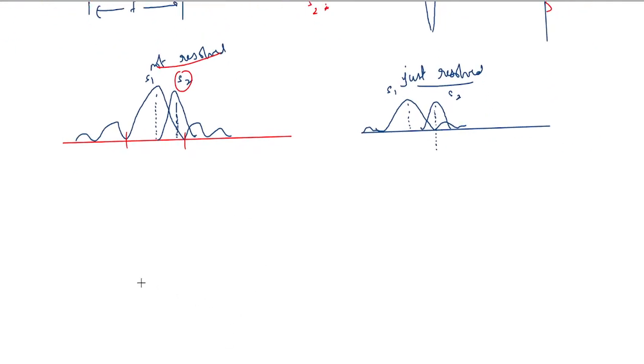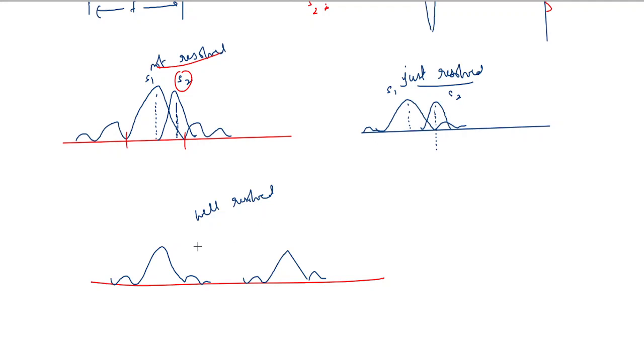Now suppose we take a general case where the maxima are so far away that you can clearly see them as two different objects. This is called well resolved, which means here we can see them as two clearly different objects.